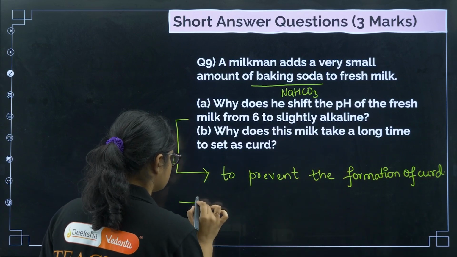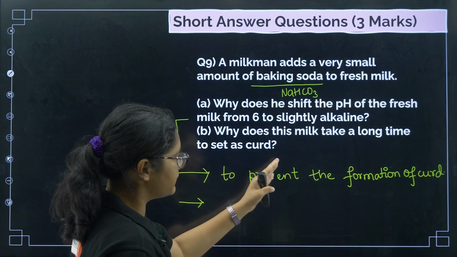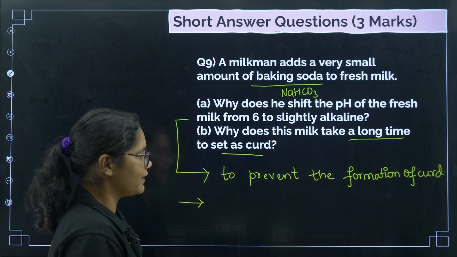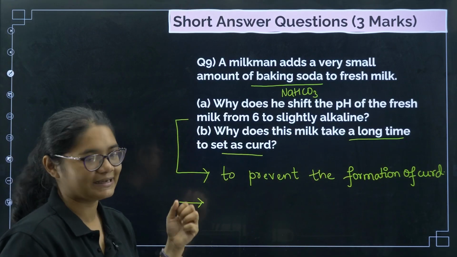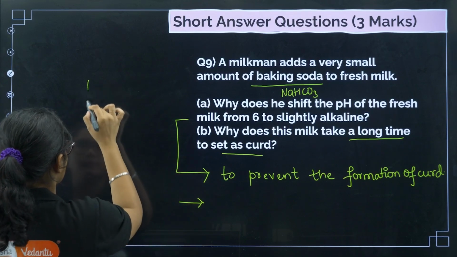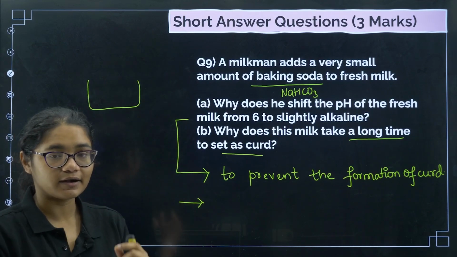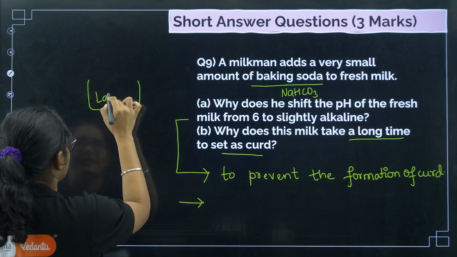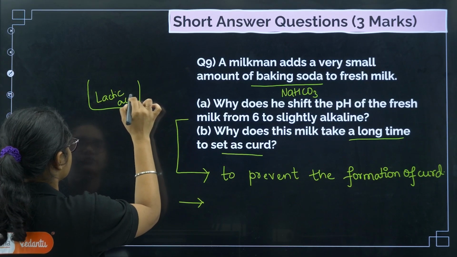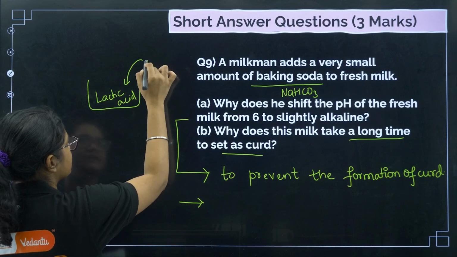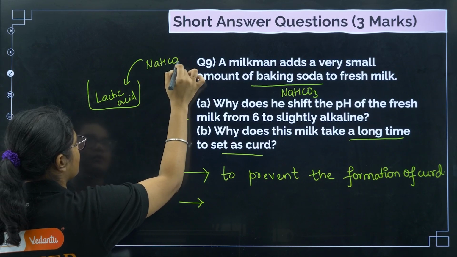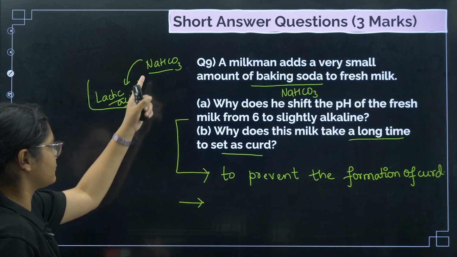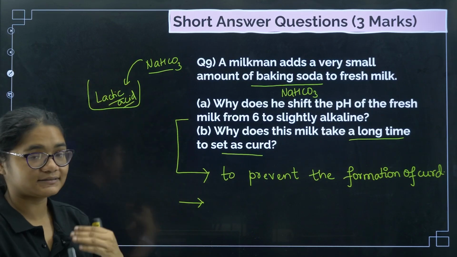Okay, next, second one, why does this milk take a long time to set as curd? Now see, this is milk. Okay, now why in milk curding happens? Formation of curd is due to the presence of lactic acid, right? So now what happens when you add this NaHCO3? Okay, now this one and this one reacts, so that this lactic acid is neutralized.